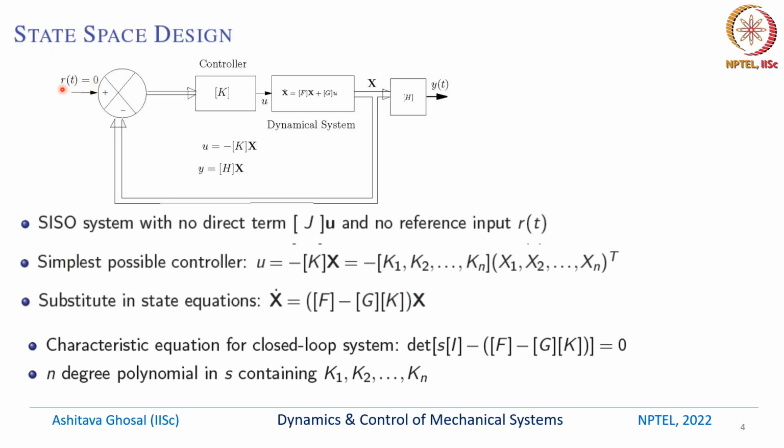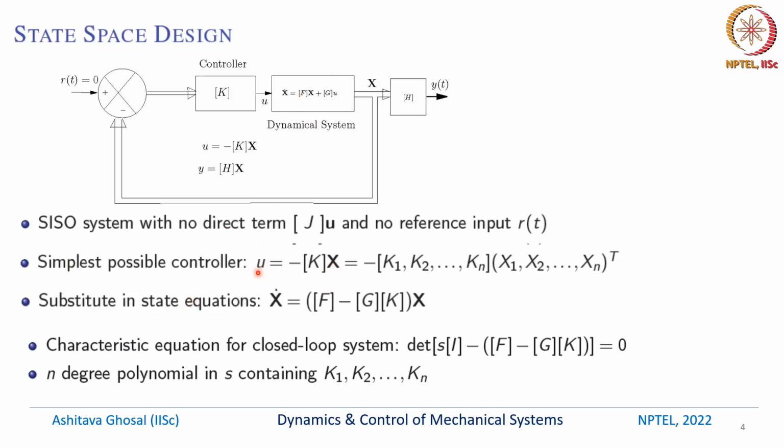So the reference trajectory when we introduce will be one dimension. The output variable y is also one dimension and u is also of 1 cross 1. So hence this k is a 1 cross n matrix into x, which is n cross 1. So u will be a single input to the dynamical system.